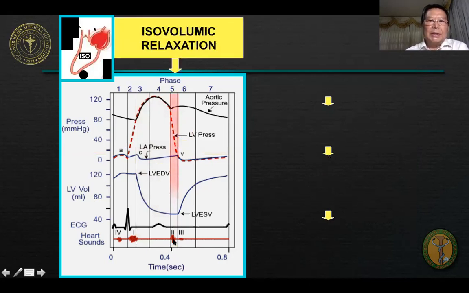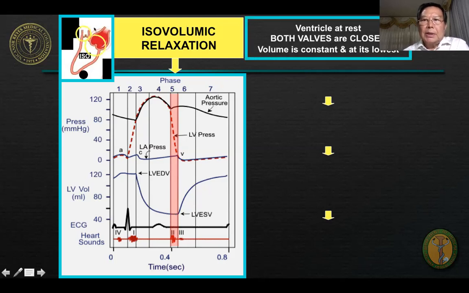So next is your isovolumic relaxation, again illustrated on this part of the cardiac cycle, wherein the ventricle is at rest, both valves are closed, and if you look at the volume inside the left ventricle, it is flat, meaning the volume is constant, okay?